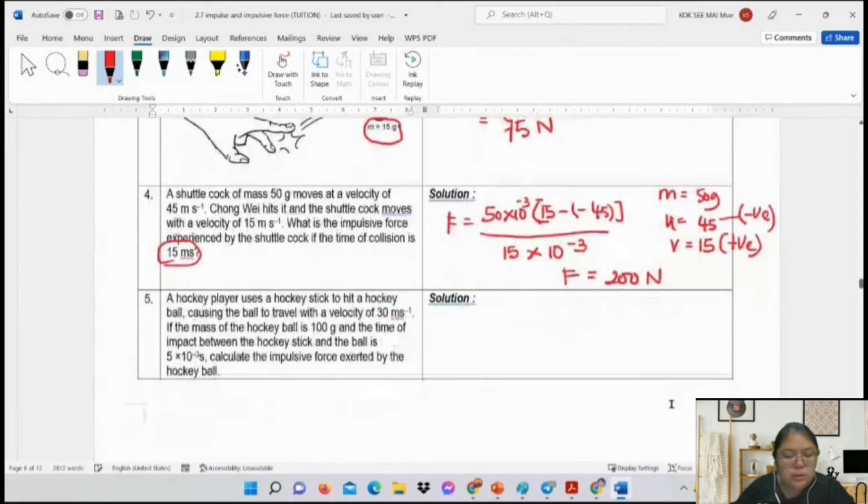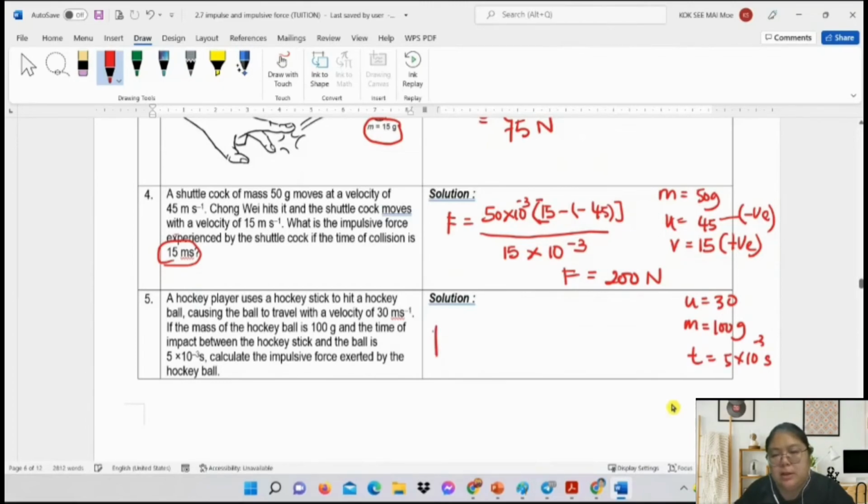Then we go to the last one, number 5. Hockey player uses a hockey stick to hit the hockey ball, causing the ball to travel with the velocity 30. If the mass of the hockey ball is 100 gram, and the time of impact between the hockey stick and the ball is 5 times 10 to the negative 3 seconds, calculate the impulsive force.